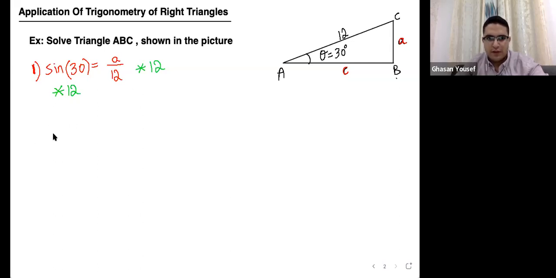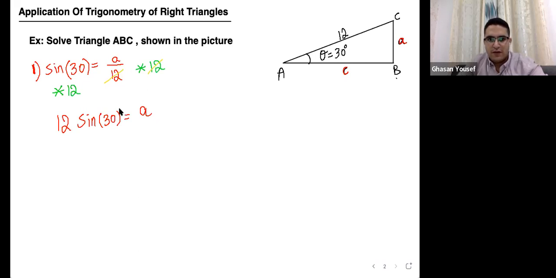So you will get 12 sine of 30 equals a. Why? Because the 12 with the 12 cancel out. Sine of 30 times 12 equals a.